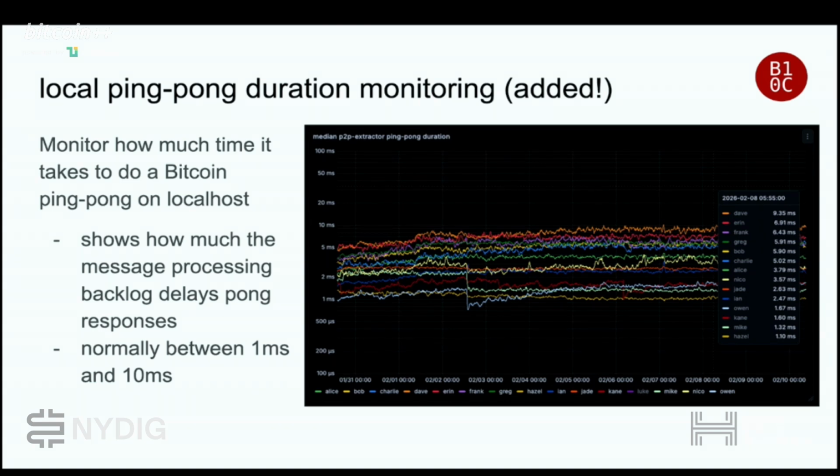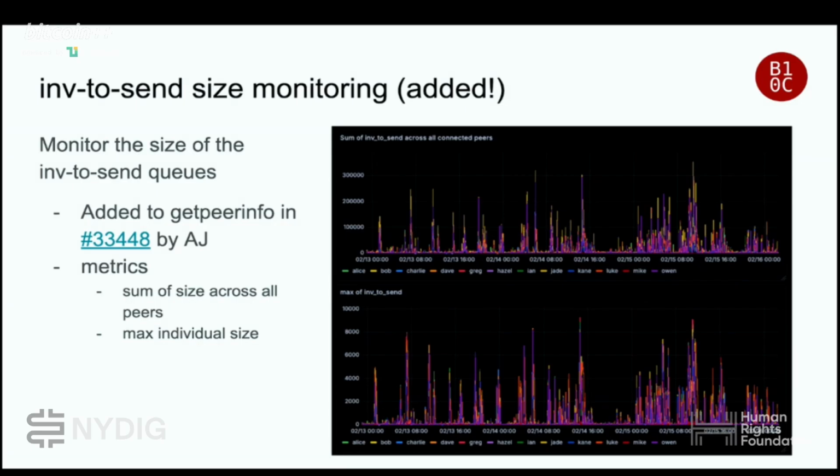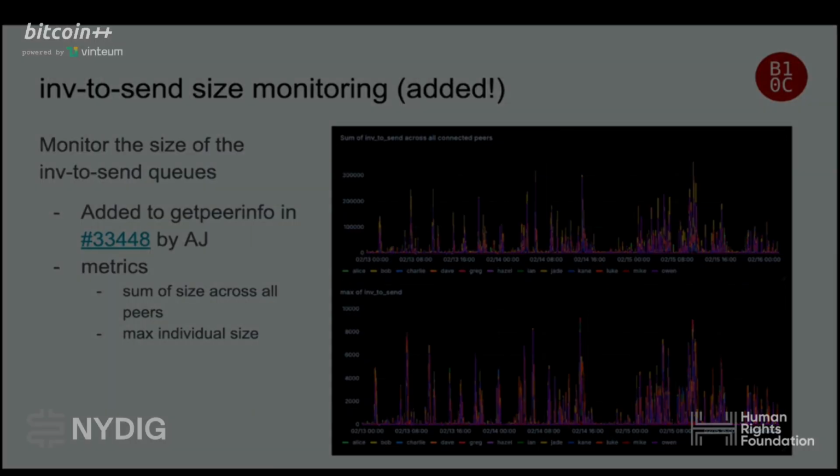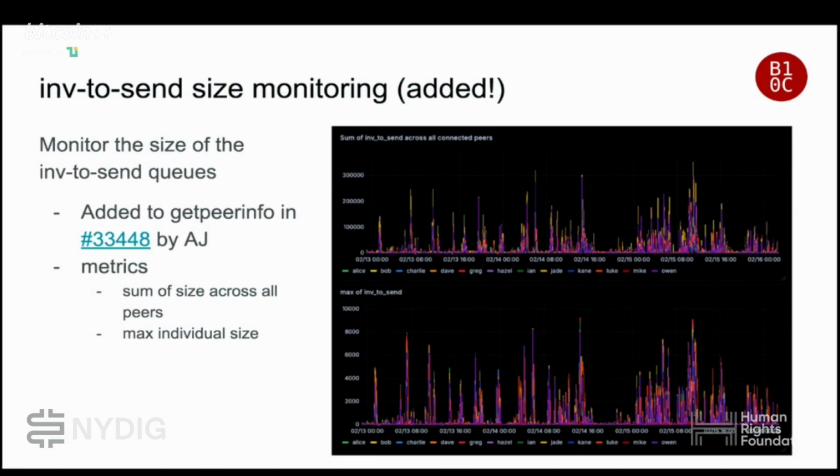And then I mentioned the inv to send sets earlier. AJ went ahead and added monitoring for their size to getpeerinfo, so we actually have an RPC to query the size of these inv to send sets. Two very useful metrics I came up with are the sum of the size across all peers, which shows you how many messages are being sorted each whatever 5 seconds or so, and the max individual size of the inv to send sets.